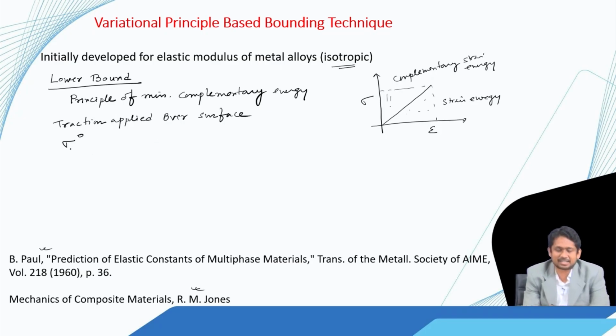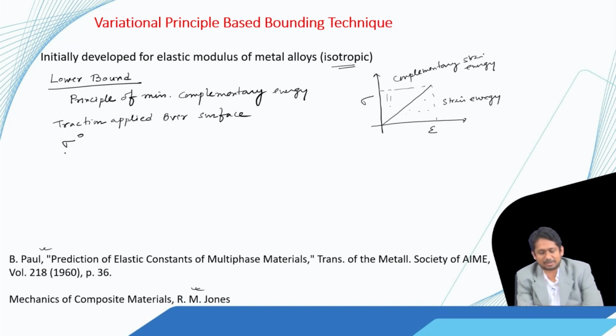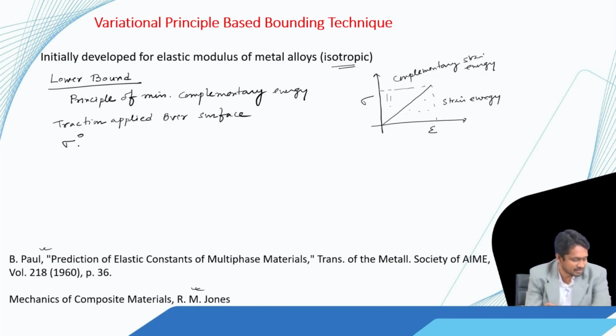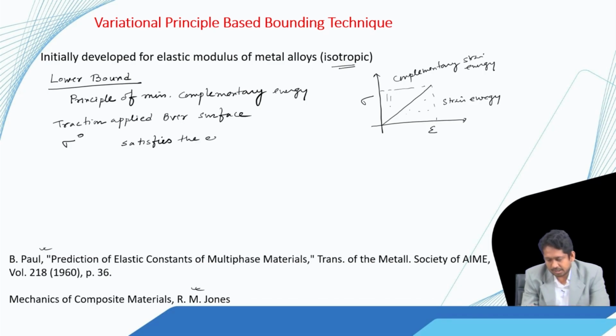Now, this sigma 0 can have different components, the normal components and the shear components. In fact, if it is 3D, there we will have 3 normal components and 3 shear components, and this satisfies the equilibrium equations and boundary conditions.